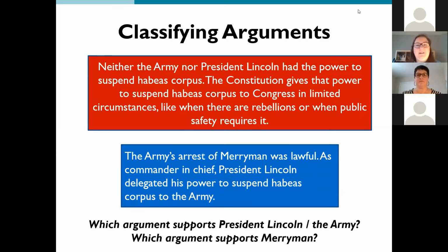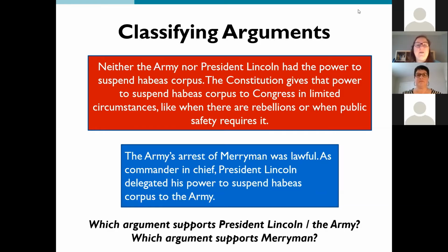Yeah, all right, good job. So we've got a few people that are pretty quick on it. Red supports Merryman, that the Army, the President Lincoln don't have that power. The Constitution gives that power to suspend habeas corpus to Congress. And in fact, I don't have a sticker for you, Kristen, sorry, but you did a great job.